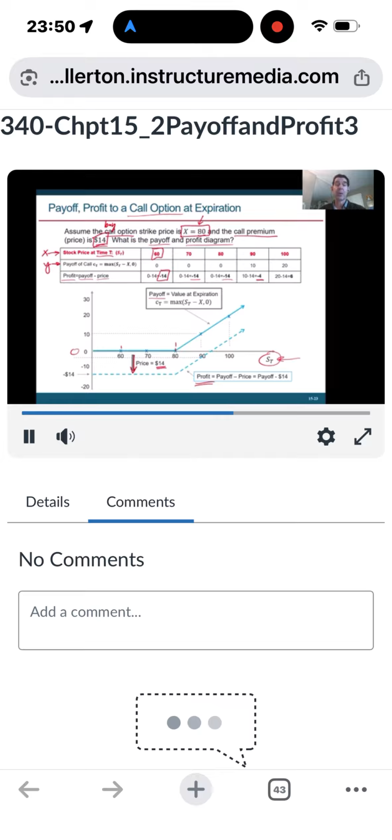I care about my overall profit or loss, but it was built off the payoff diagram. Okay, so when I look at this one, what do I see? For me to overall be in profit territory on this trade, what do I need to happen to the stock price? I need the stock price to be up here, because then my blue dotted line is positive.